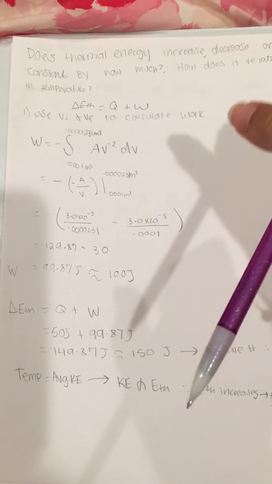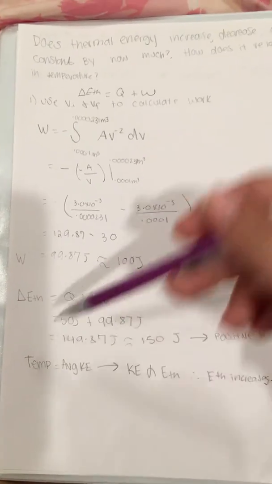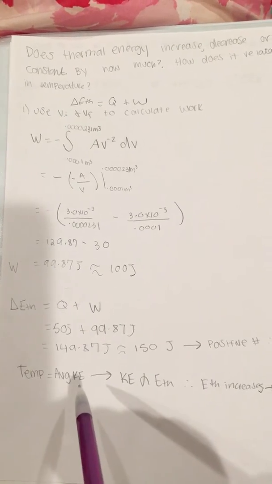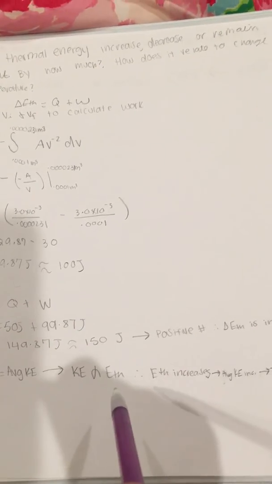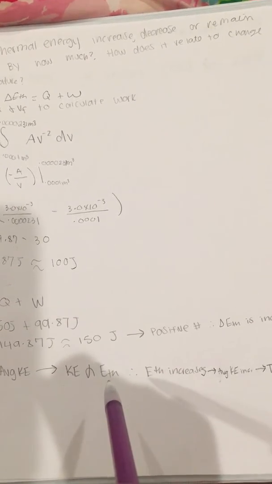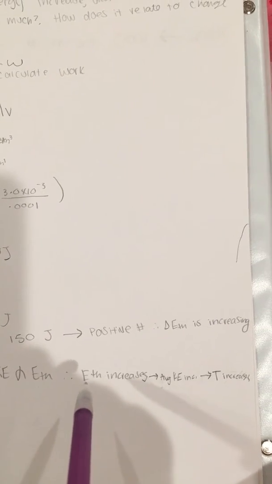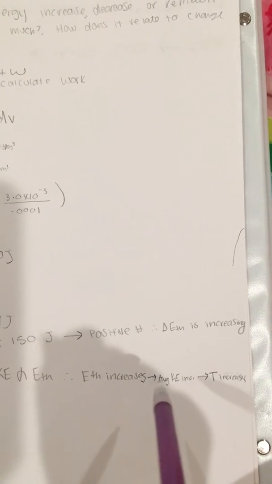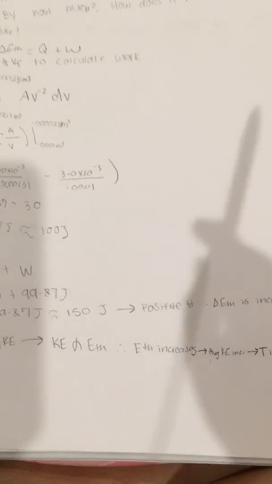So the next question says, how does this relate to temperature? So we know that temperature is the average kinetic energy, and we know that kinetic energy is directly proportional to thermal energy. So if one of them increases, the other one will also increase. So we have E thermal increasing, which means the average kinetic energy increases, which means the temperature increases.